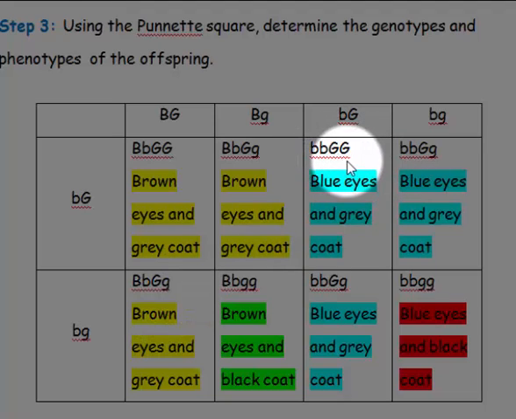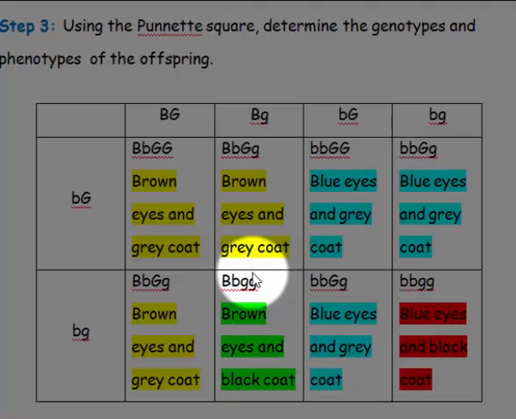Let us look at this genotype. There is no capital B, but we have a capital G. So the phenotype will be blue eyes and gray coat. Likewise, the phenotype of this genotype and this genotype will be blue eyes and gray coat.